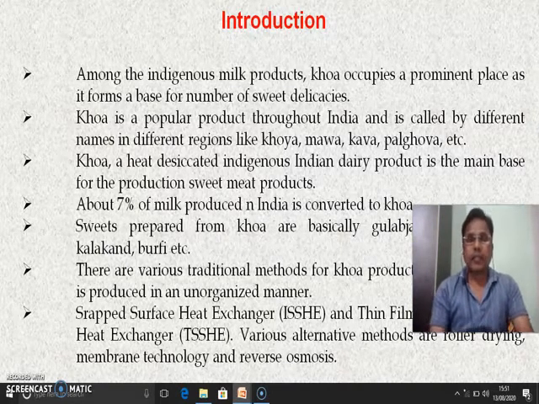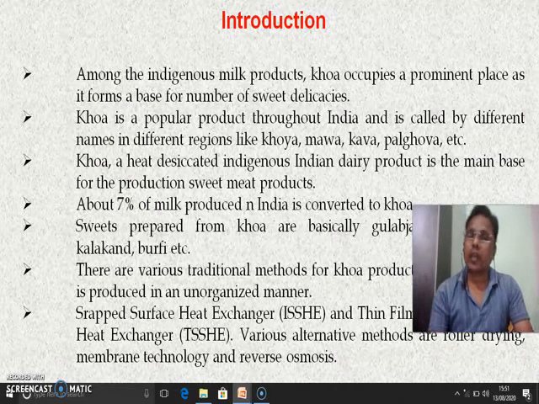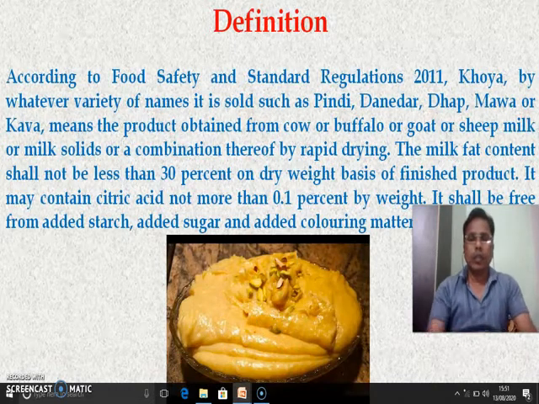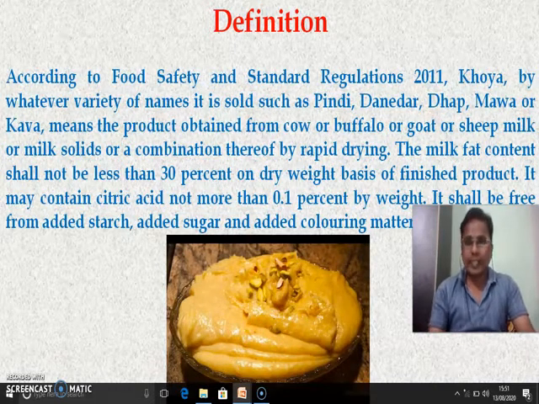Among the improved methods are scraped surface heat exchangers, thin film scraped surface heat exchangers, and various alternative methods such as roller drying, membrane technology, and reverse osmosis, which are also used to prepare Khoa.